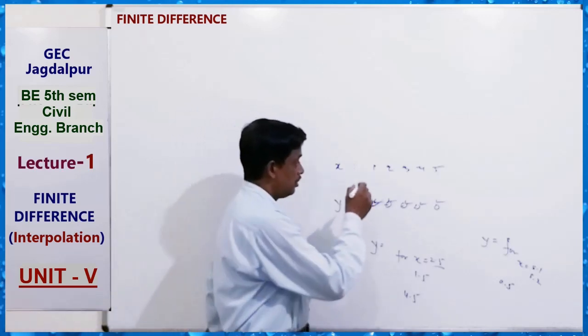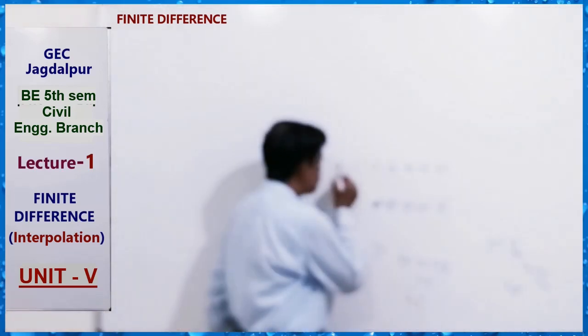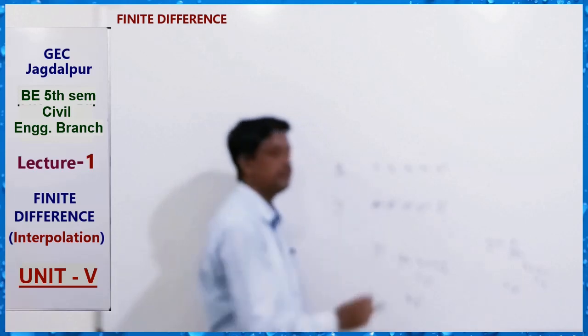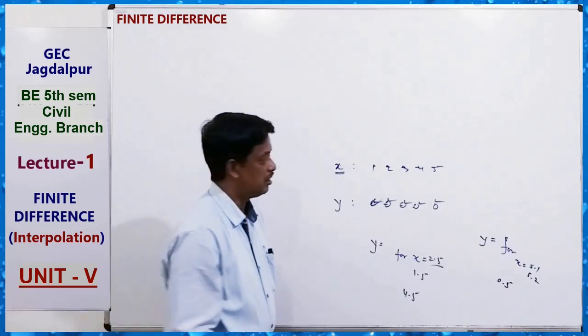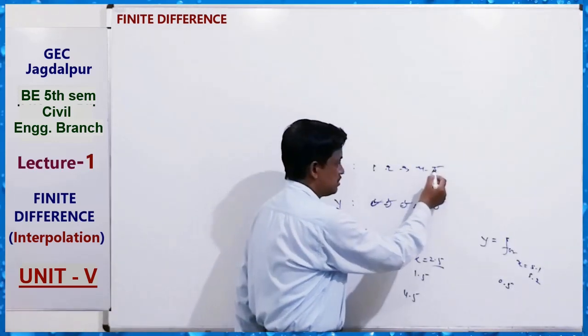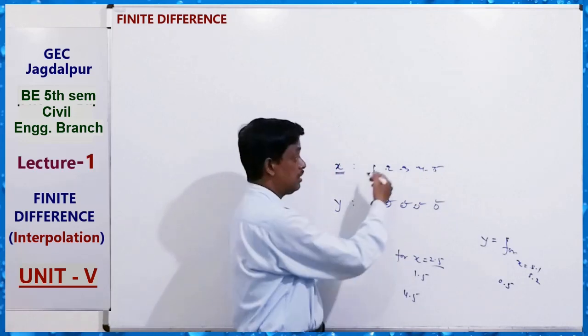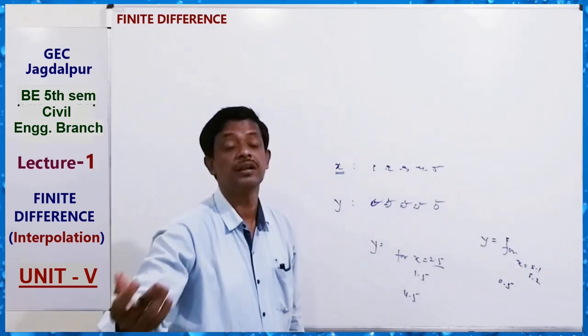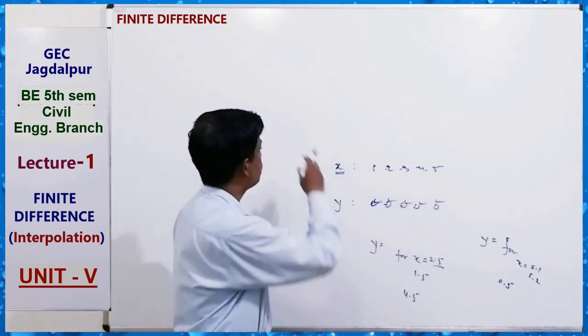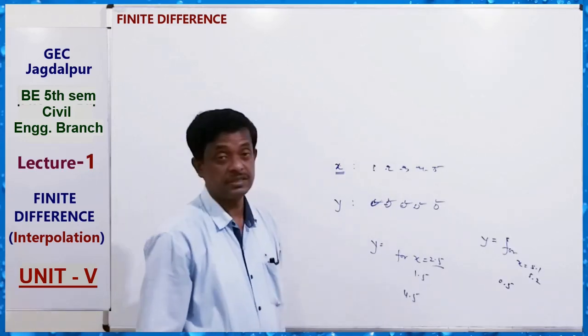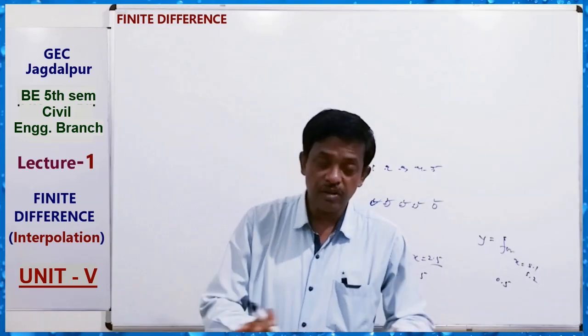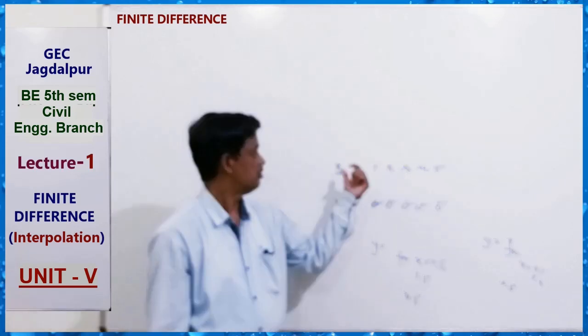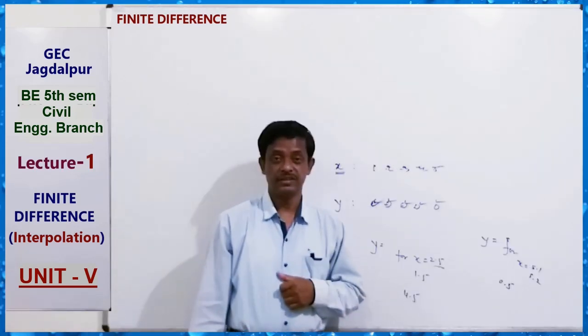Here, the values of the independent variable may be at equal distance, or may be at unequal distance. First of all, we are discussing equal intervals for the independent variable.